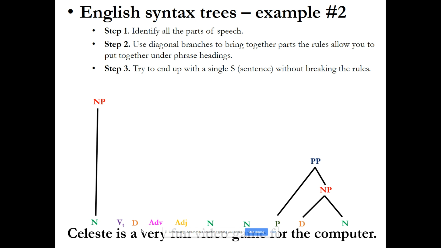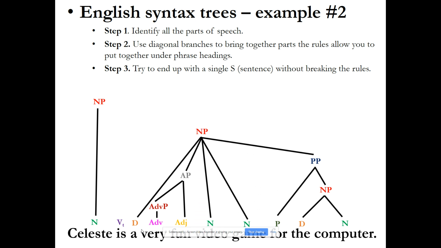Well, I know that one adverb by itself can be an adverbial phrase, right? And I also know that one adverbial phrase plus an adjective can be an adjective phrase. Right? Now I can follow the noun phrase rule, right? Determiner, adjective phrase, multiple nouns, prepositional phrase at the end there. Boom, boom, boom, boom, boom. Noun phrase.